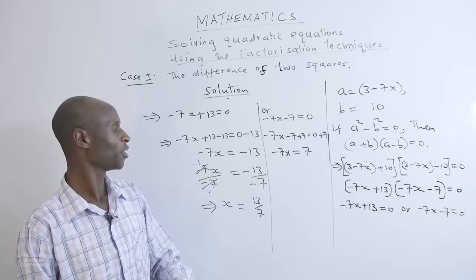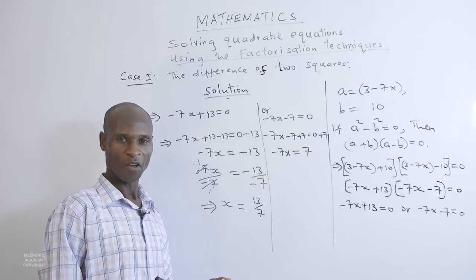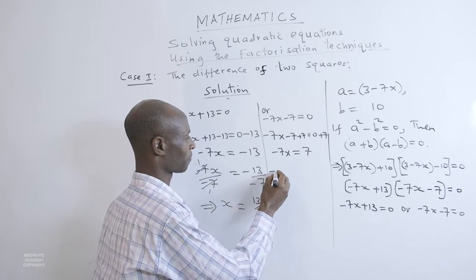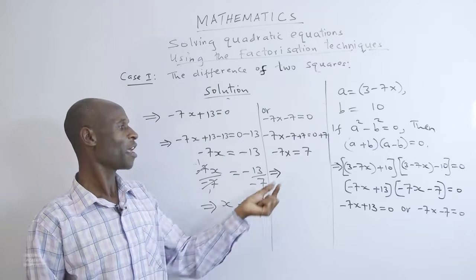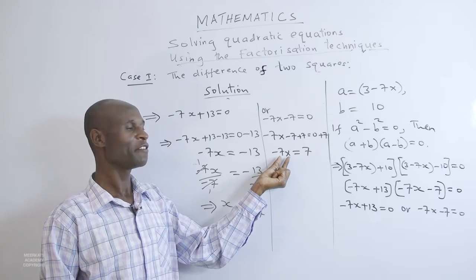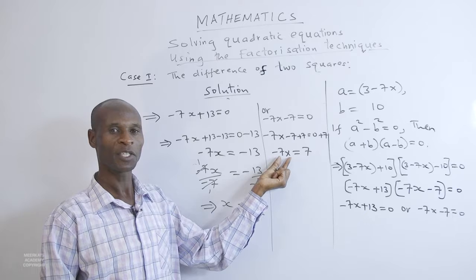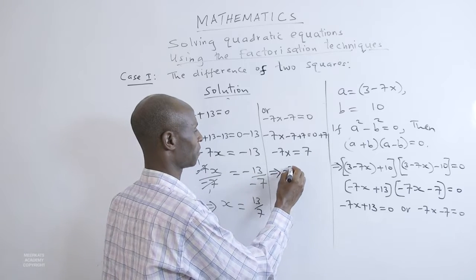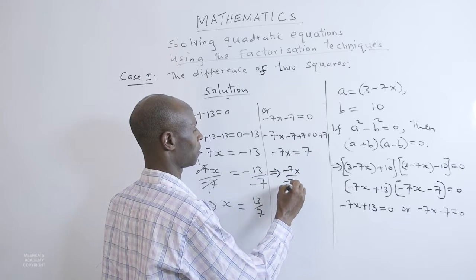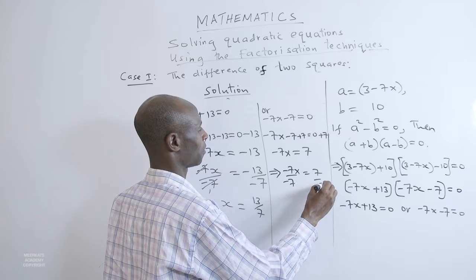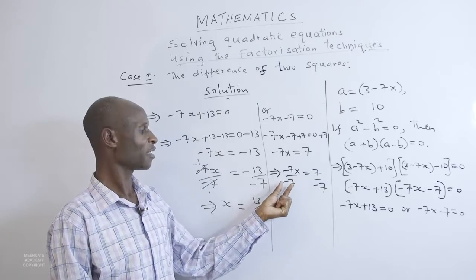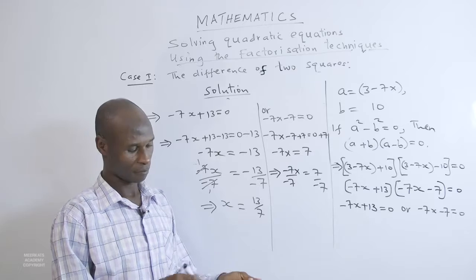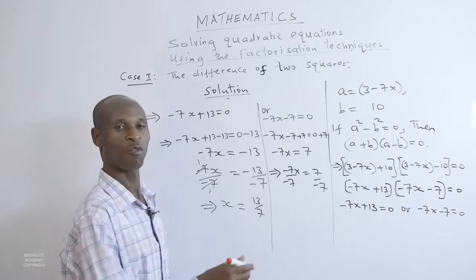So at that point, how do you find the value of x? To find the value of x, we divide both sides by negative 7, which is the coefficient of x. So negative 7 divided by negative 7, we have 1.